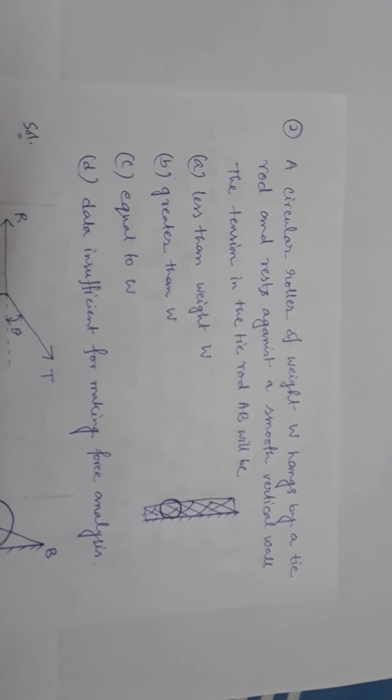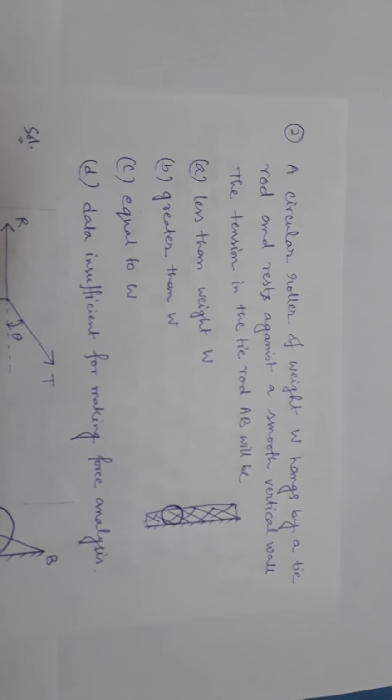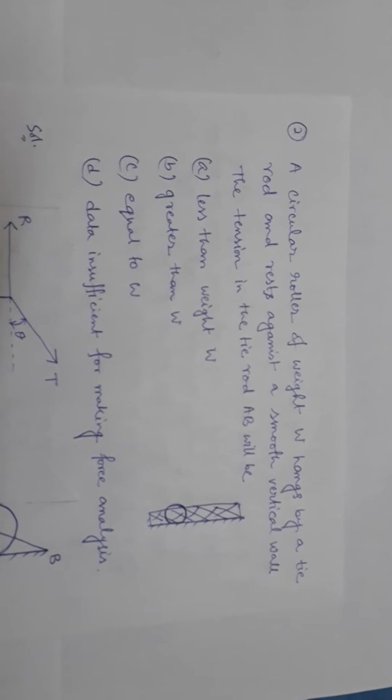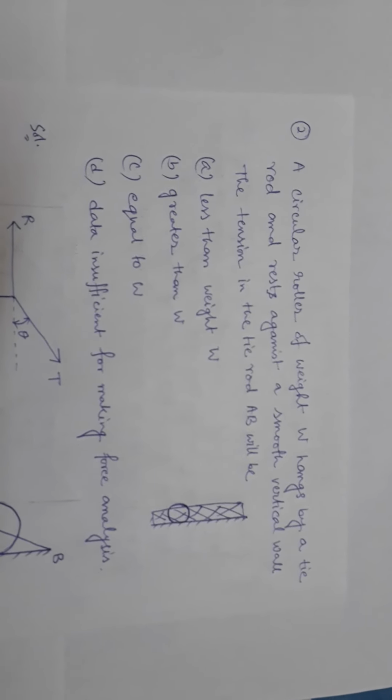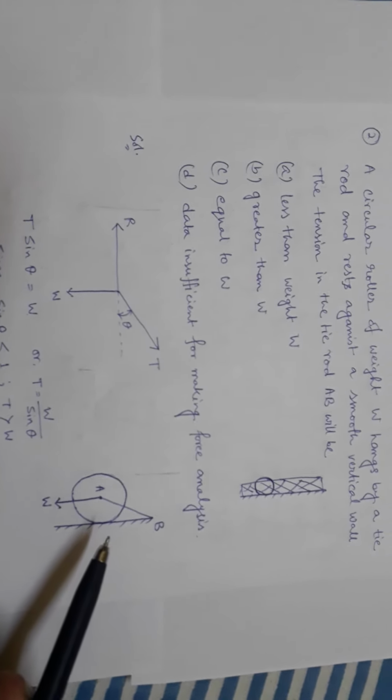The second problem. A circular roller of weight W hangs by a tie rod and rests against a smooth vertical wall. The tension in the tie rod AB will be. That is the main diagram.